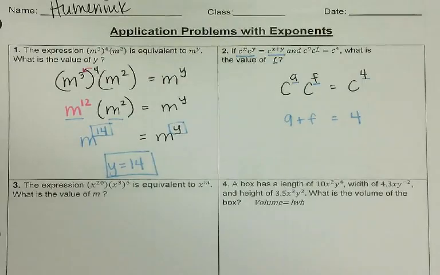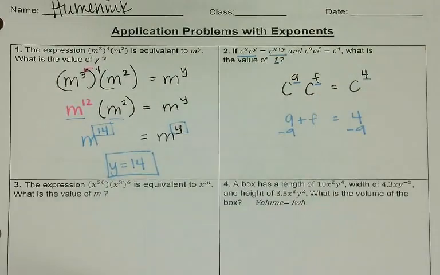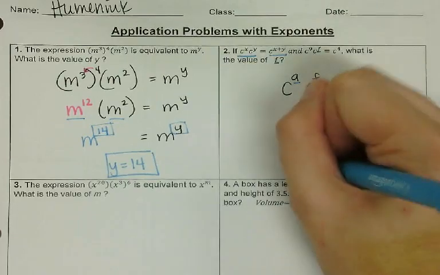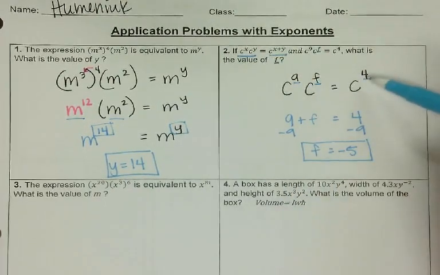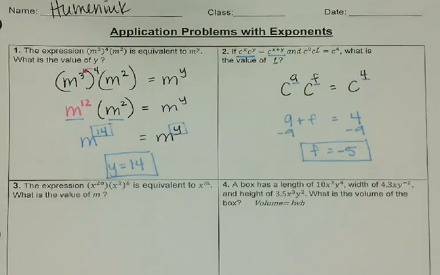You would add those two exponents together in order to get the final exponent. And so then Barron did some lovely backwards math there, and your f would be equal to negative 5. So in order for 9 plus what gives us 4, well, it's plus a negative 5. So sometimes when you add those together, you could have a negative exponent. Do y'all feel good about that?